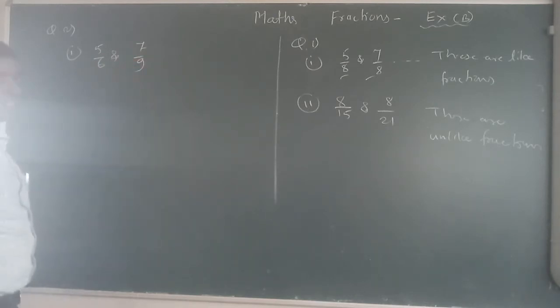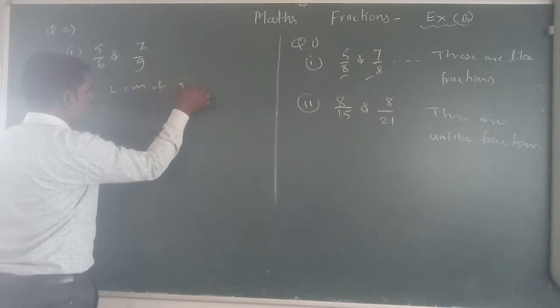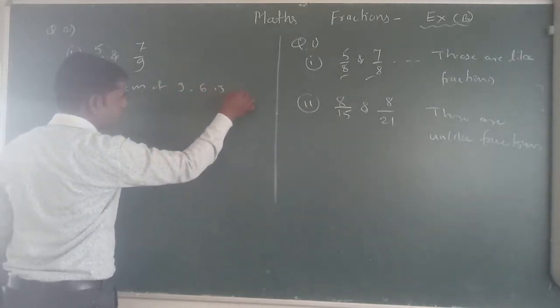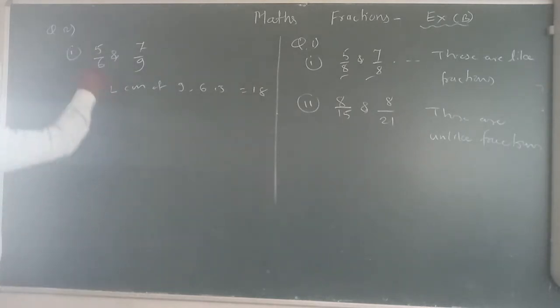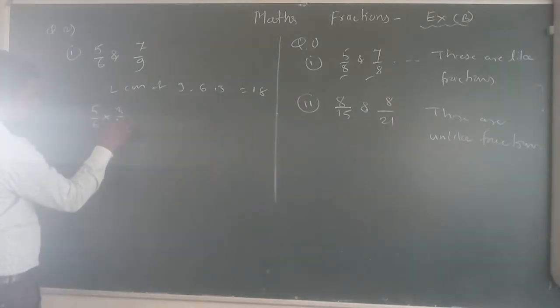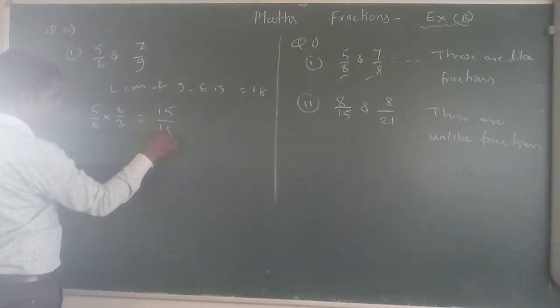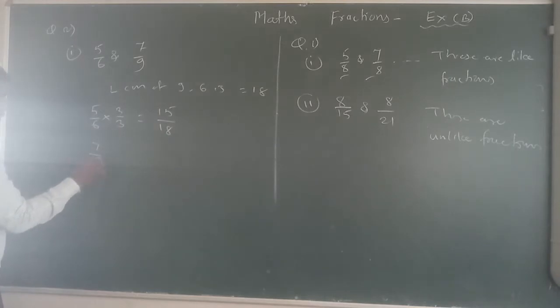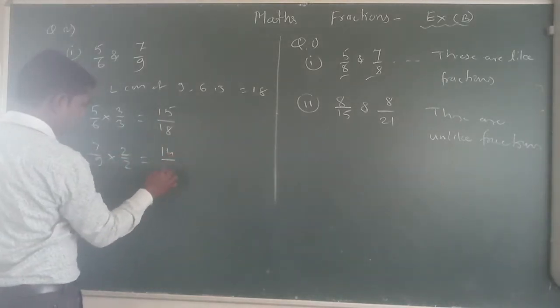So 6 is there, 9 is there, so we have to take the LCM. The LCM of 9 and 6 is 18. Therefore, make the denominator 18. So 5 upon 6 multiplied by 3 upon 3 equals 15 upon 18, and the second one, 7 upon 9 into 2 upon 2 equals 14 upon 18.